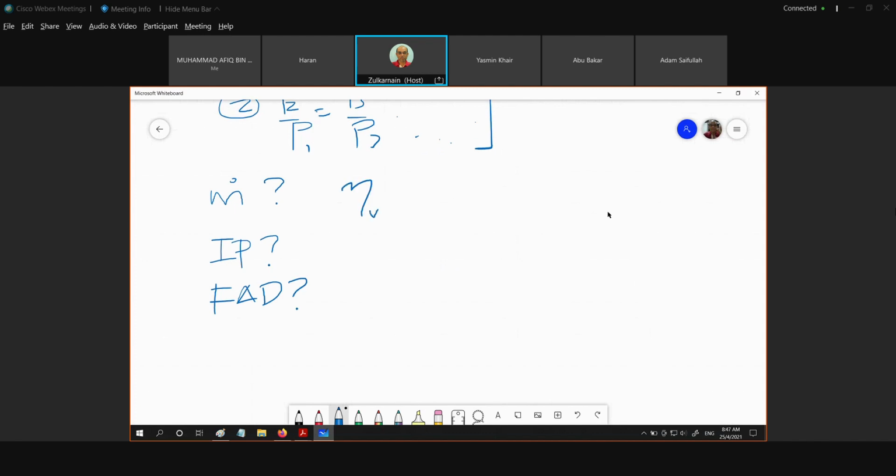Volumetric efficiency, apa lagi? Kita punya P ISO. Apa lagi? Efficiency ISO. Kita punya isothermal efficiency. Apa cakap panjang-panjang sangat namanya isothermal efficiency. Right. Kemudian kita incorporate pula, kita ada mechanical efficiency. Apa dia mechanical efficiency ni? Kenapa ada mechanical efficiency?